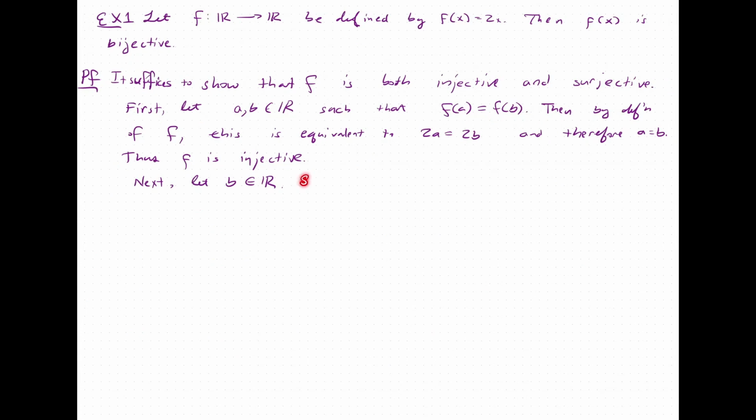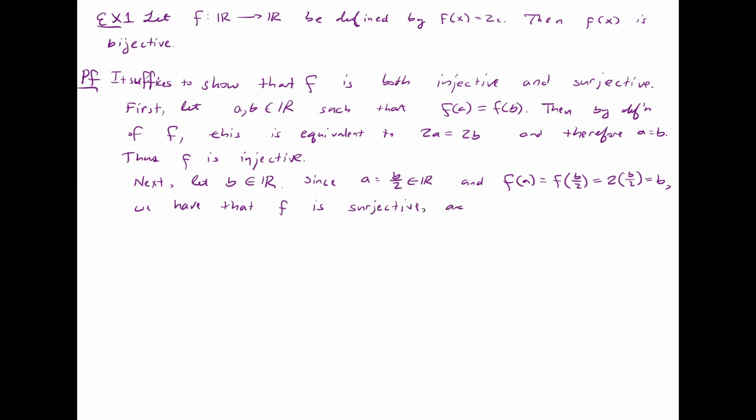And so here, since a equals b over 2 is a real number, and f of a, which is equal to f of b over 2, which is equal to 2 times b over 2, is equal to b, we have that f is surjective, and consequently, f is bijective.